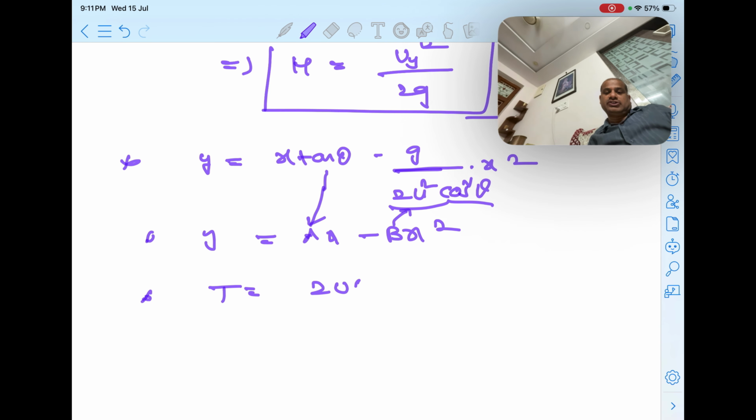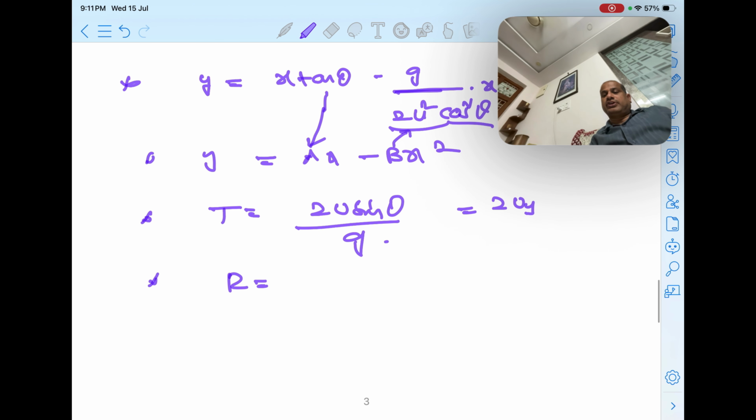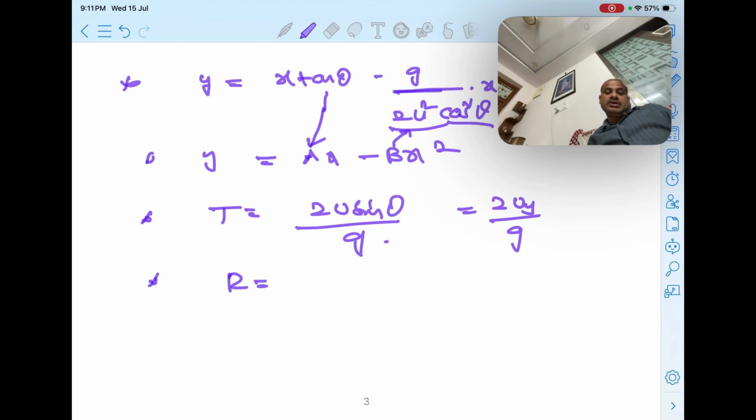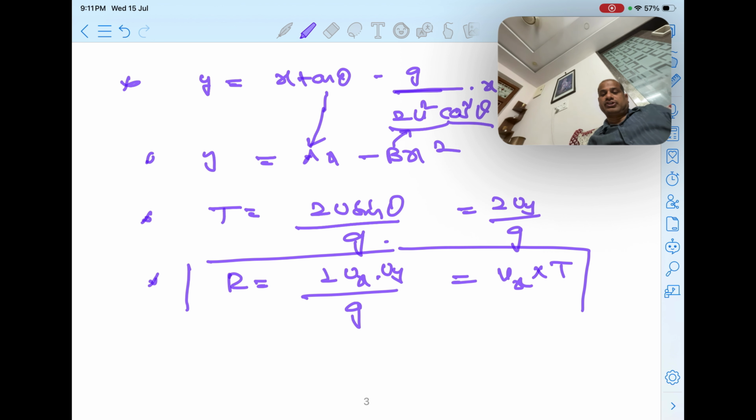And we have seen time of flight formula is 2u sin theta by g. And we have seen range formula. You can also write this as 2 times x component into y component by g, which is also equal to x component into t. Why? In x direction velocity is constant.